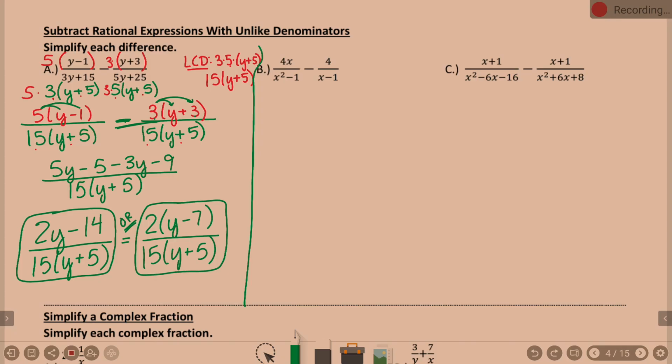What are we thinking in those denominators? X squared minus 1. Two parentheses, right? Difference of squares again. X squared is x and x. The square root of 1 is 1. So it's plus and minus 1.